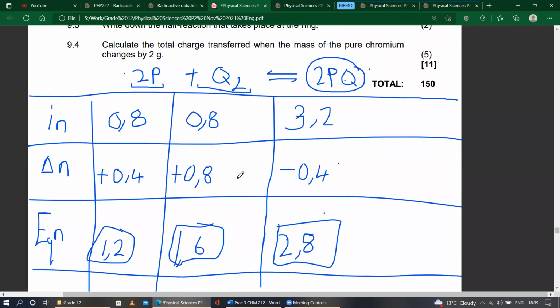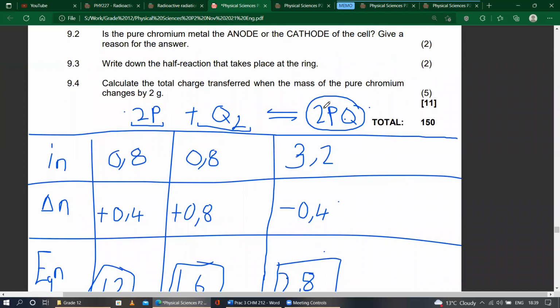Why did you get negative 0.4? As I said, when the temperature increased, the endothermic reaction, the reverse reaction, was favored, right? Yes, sir. Since the reactants are going to increase, the products must decrease because it's at equilibrium.